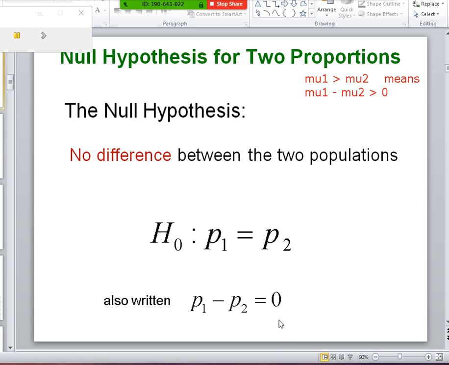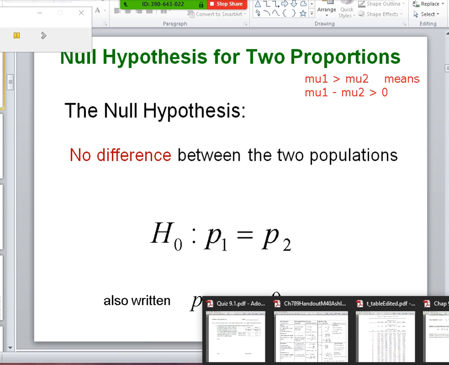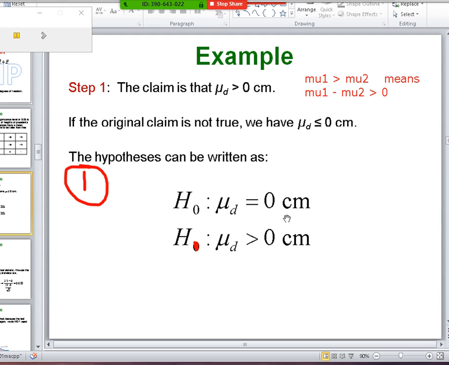No difference. The thing about this one is, I'm not going to have the mu1 and mu2 anymore, because I'm going to subtract them individually, and all I'm left with is one number, the difference. So I have to go with their differences being greater than 0. This one has to be that their difference, mu1 minus mu2, is equal to 0. I can't have mu1 is equal to mu2 anymore.